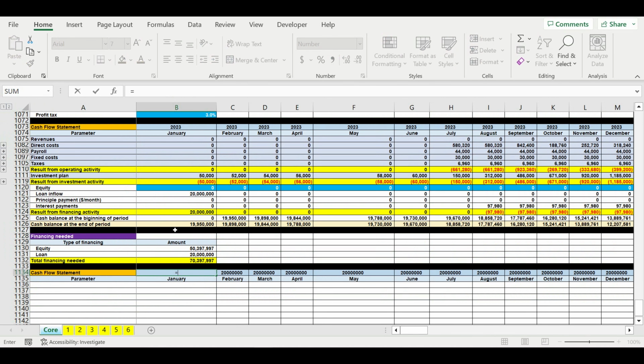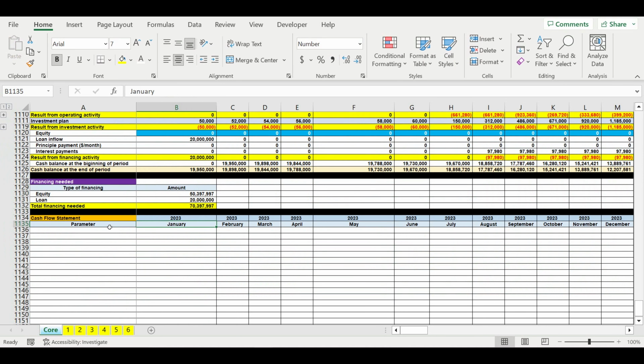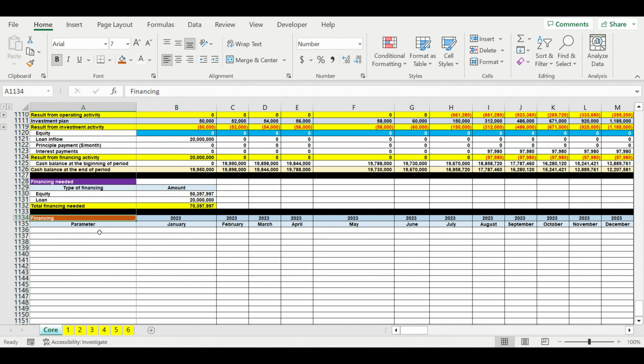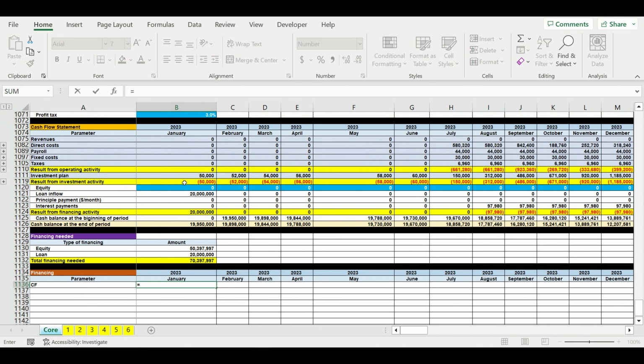And for that, I will copy this table. I will create a table, name it financing, and what I will do, I will take the result from operating activity plus the result from investment activity plus loan minus principal payments minus interest payments.